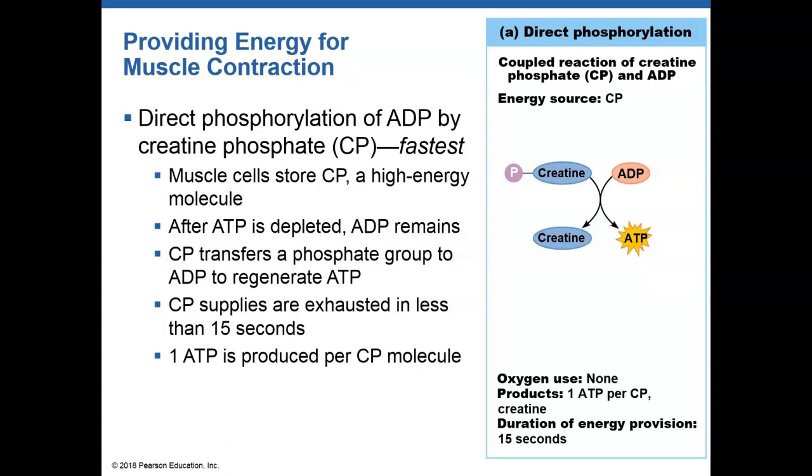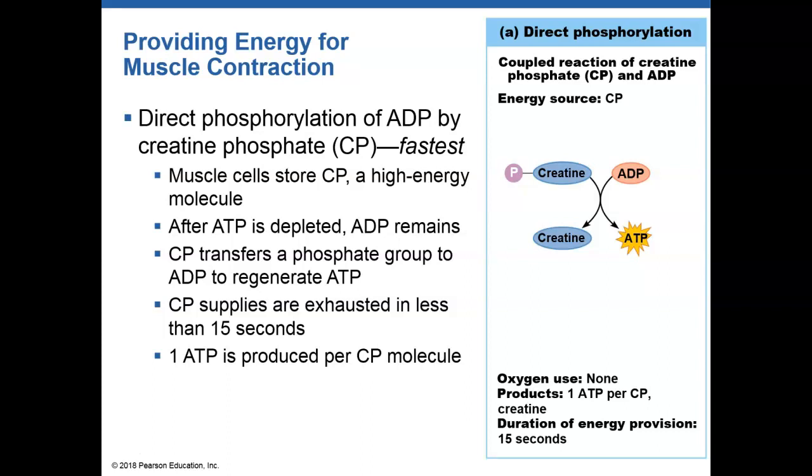Like I said, we have very small amounts of ATP that can be stored. The majority of the ATP that's in our muscles at any given time will immediately be broken down into ADP, and the phosphates are going to attach to creatine.